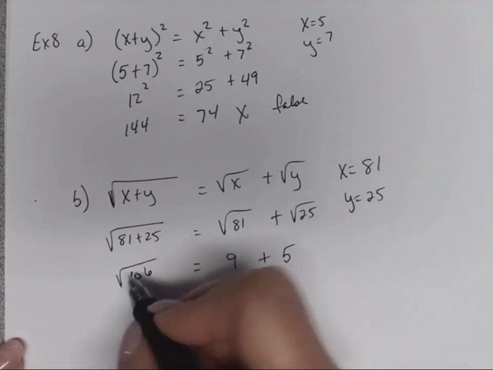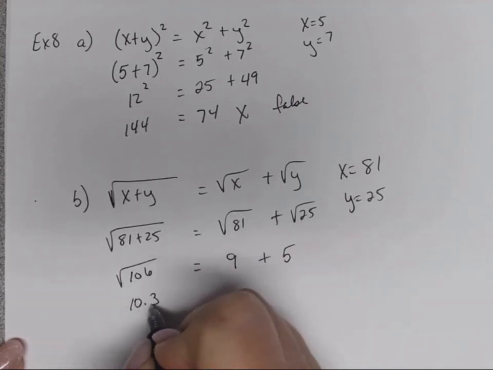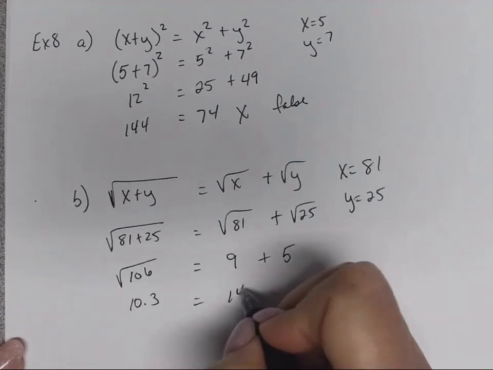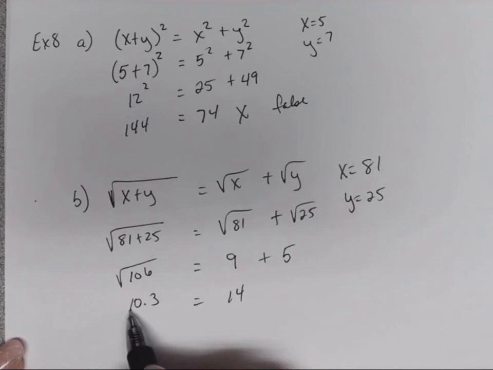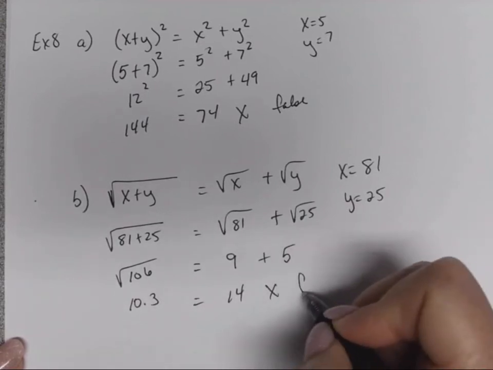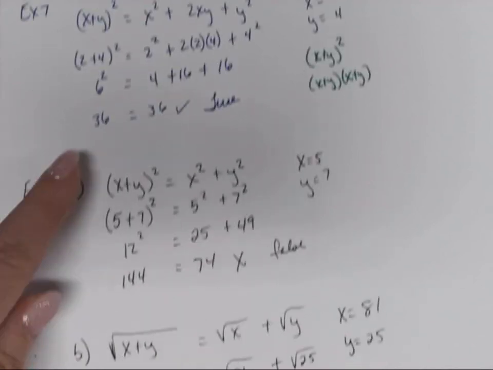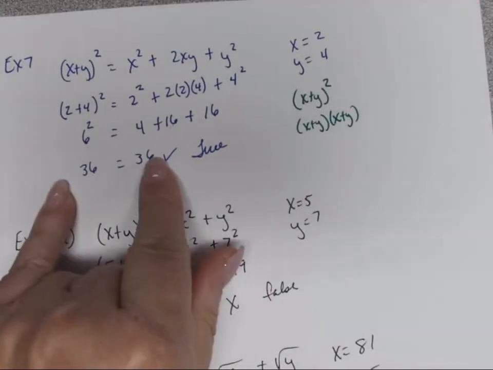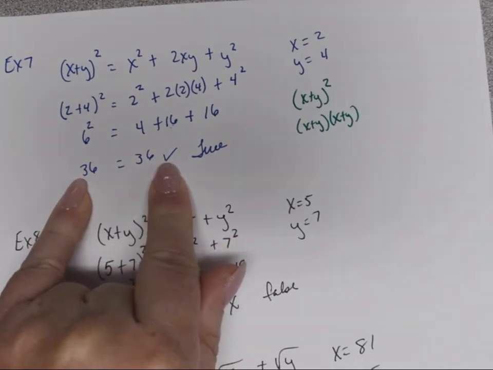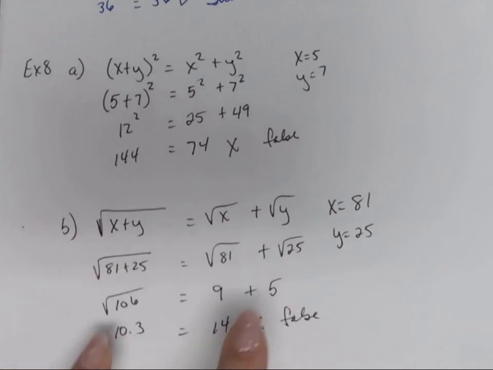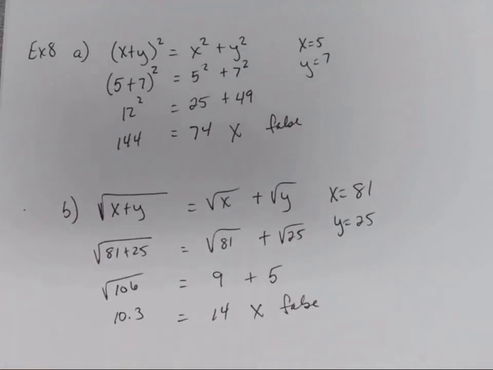So the square root of 106, when I put that in the calculator, I'm going to get 10.3, and 9 plus 5 is 14. Well, 14 does not equal 10.3, so this is a false statement. So remember that anytime you're saying if it's true or false, if the numbers equal each other, so if 36 equals 36, that's true. If they don't have the same number, that tells us it is false. Or we need to double check our math because maybe we made an oopsie in our math. Okay?